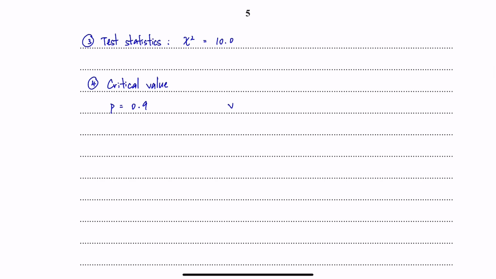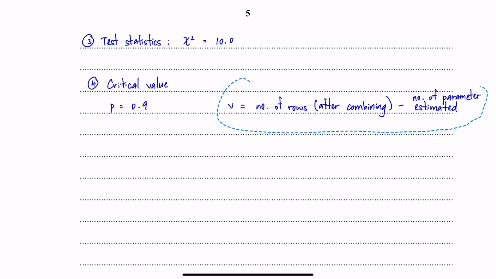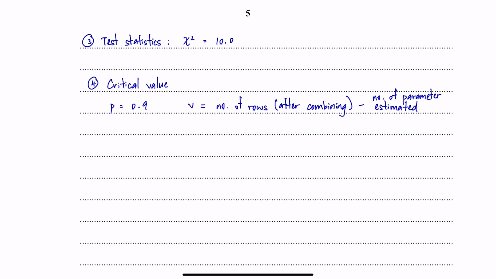And for V, the degree of freedom, it would be the number of rows after combining minus the number of parameters estimated minus 1.